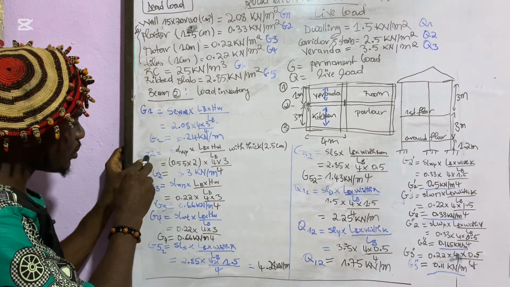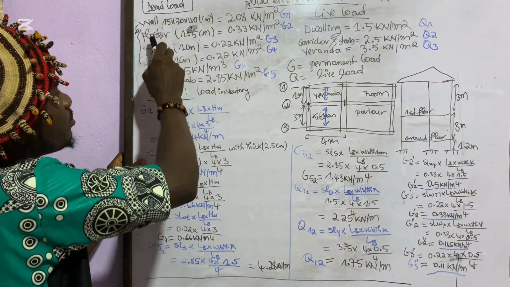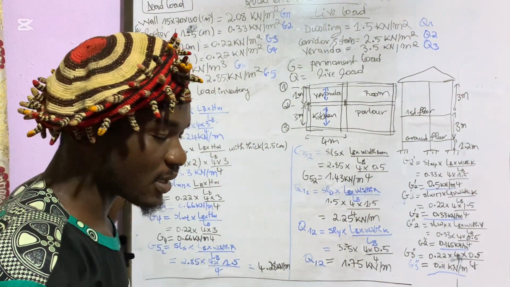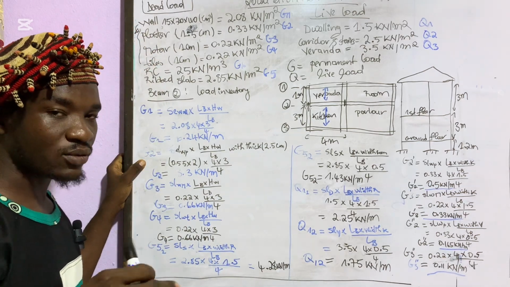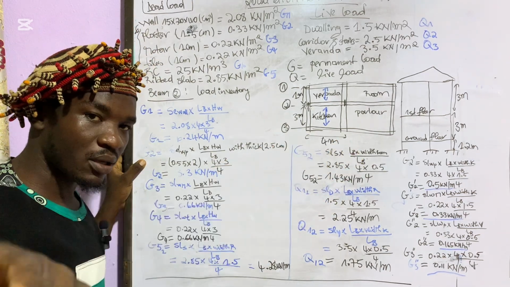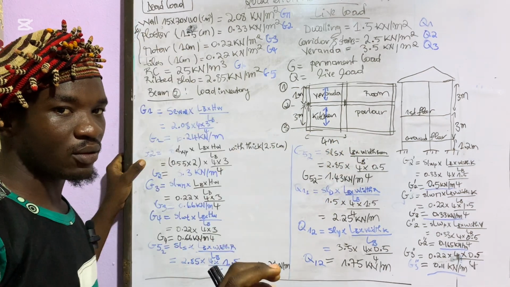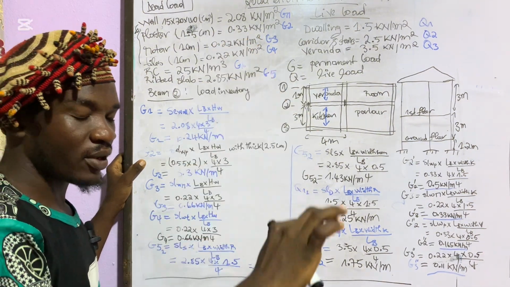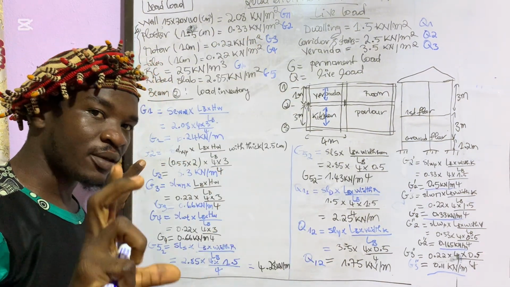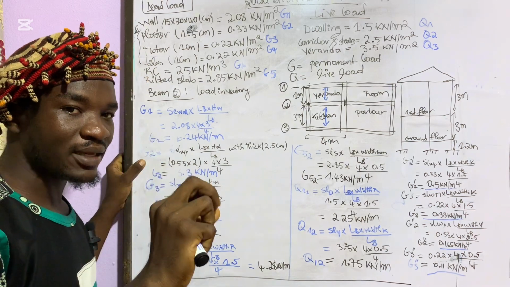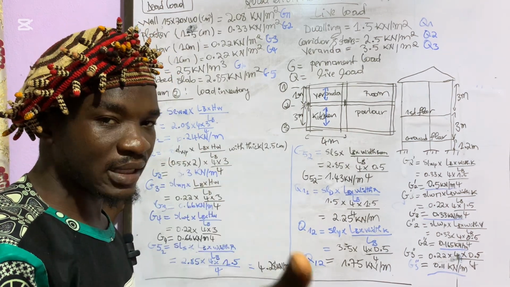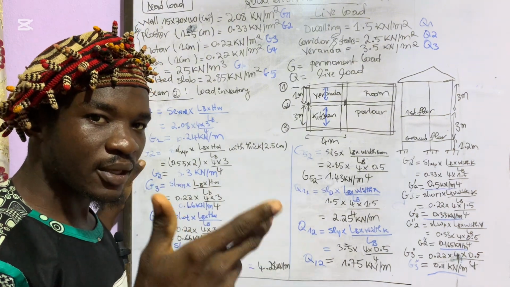Now we find G2. G2 here represents the permanent load exerted by the plaster on the wall. That's why I say there is a category of the load, the inventory of the load, just that the board is small and the video might look long. Normally for the wall, you list all the elements that are on the wall, whether there is plaster, mortar, tiles.